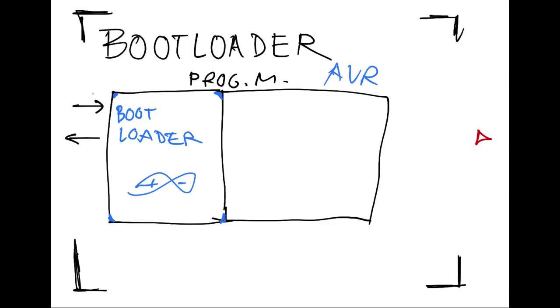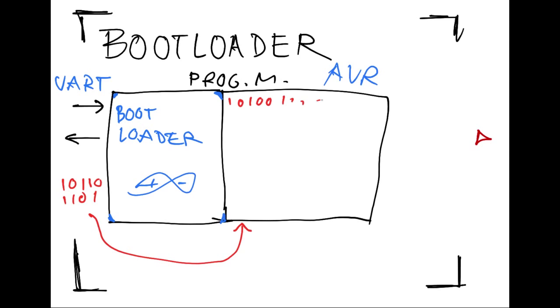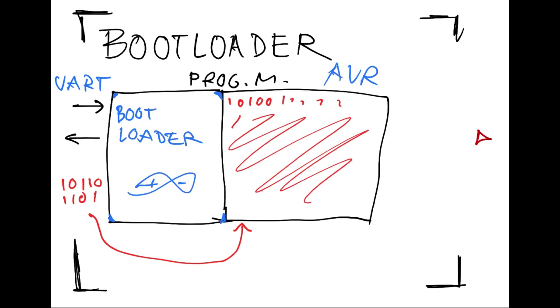So when it starts executing the bootloader, which does some magic and actually waits if there's any communication on the serial port, the UART, and if there's anything, it tries to communicate with it, and if it receives instructions like program some bytes into the program memory, then this guy takes the data it receives and sends it here, so it writes it. And this is your, I think it's called sketch in the Arduino IDE.